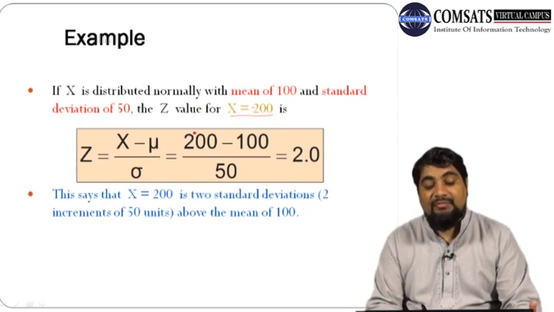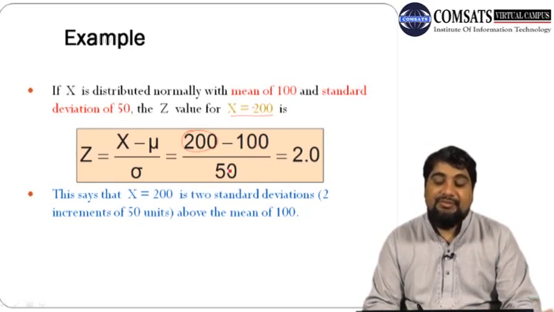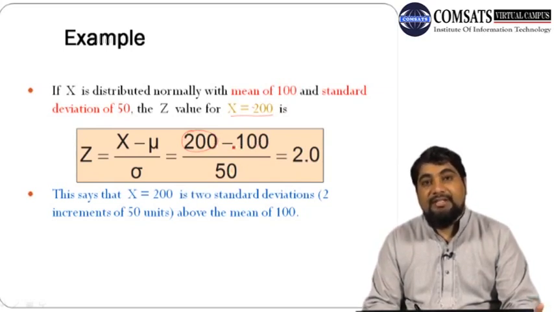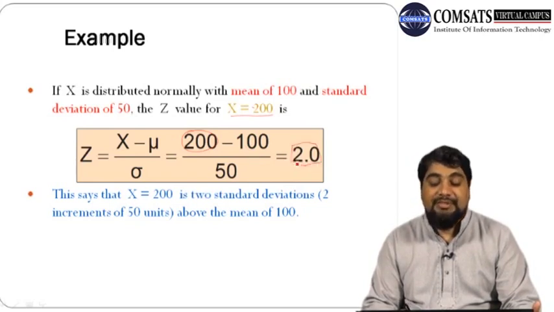Just replace x by the desired value, which is 200 in this case, minus mu, which is 100, divided by sigma, which is 50. So 200 minus 100 is 100, divided by 50, we get 2. This is simply equal to 2.